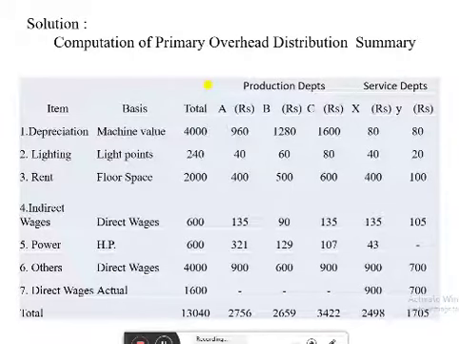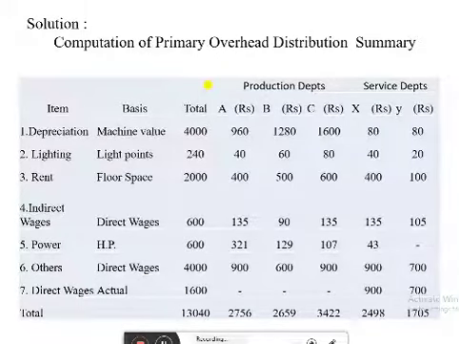The total amount is 4,000 and it is distributed according to the machine value ratio. It is 960, 1,280, 1,680 and 80.